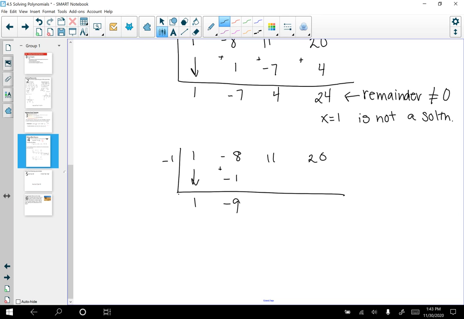Negative 9 times negative 1 is positive 9. I add to get 20. 20 times negative 1 gives me negative 20. I add and I get 0. Here my remainder is 0, so x equals negative 1 is a solution.